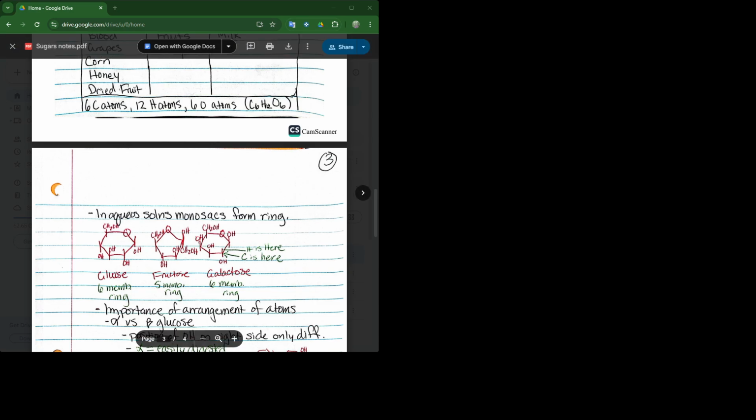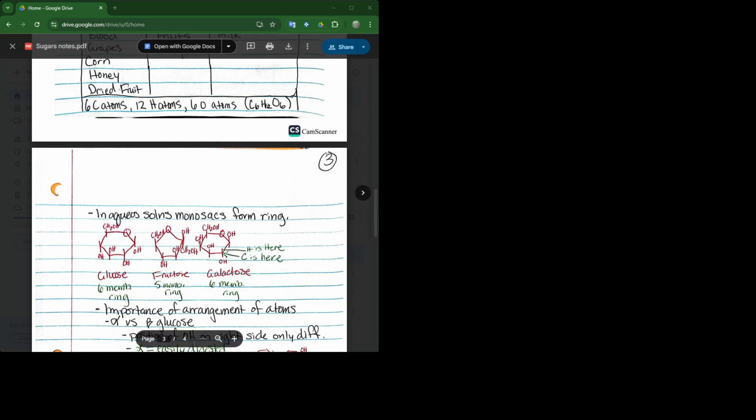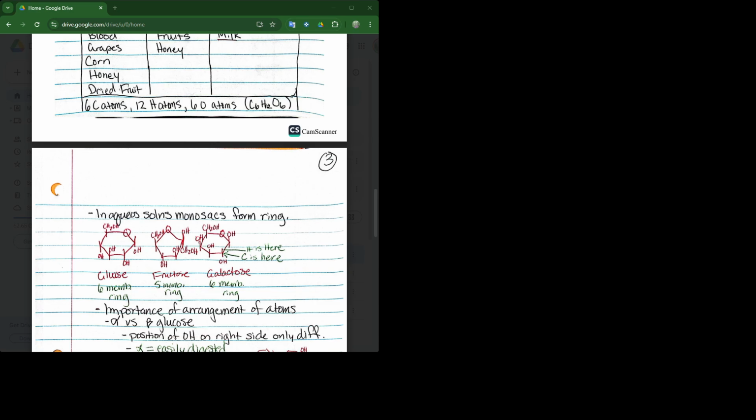Or wait, no, sorry, take that back. We just drew 1 monosaccharide that has 4, right? So glucose and galactose have 5 carbons in the ring structure: 1, 2, 3, 4, 5, and then the 6th one is out of it. And fructose has 2 that are out of it and 4 that are in it: 1, 2, 3, 4. Okay. So a little error in the book there.